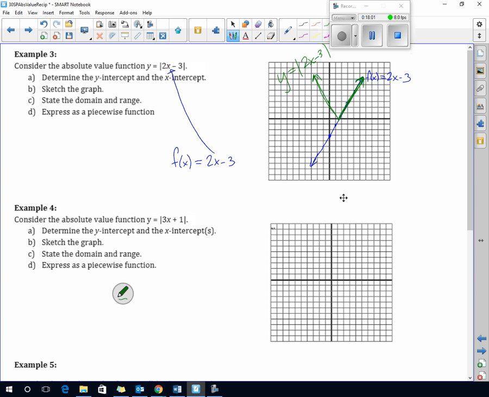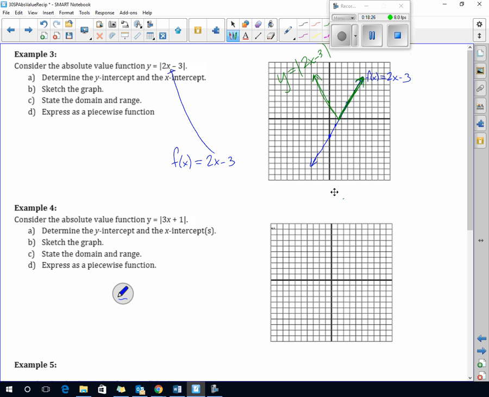Okay, who can tell me my y-intercept? Okay, what is my y-intercept? It is 3. Visually, I can see it is 3. But algebraically, how would I get that it is 3? Yeah, set x equal to 0 and solve.